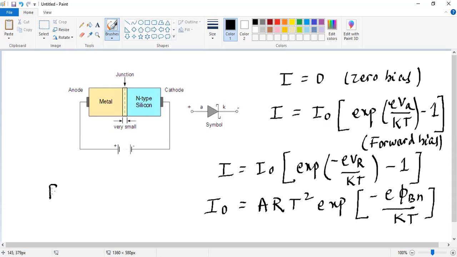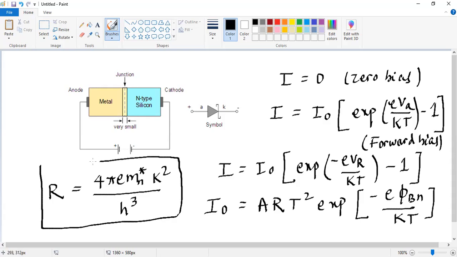And this R here we wrote is the Richardson constant, which was defined as 4 pi e mn star, the effective mass of the electron, k square divided by h cube. For detail, you can revisit the previous video, where we defined the Richardson constant. So this is what we have discussed.